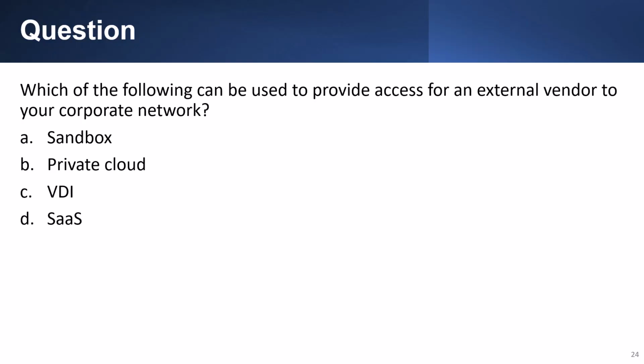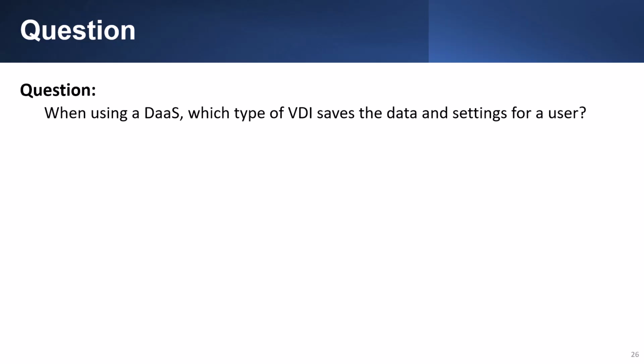Question: Which of the following can be used to provide access for an external vendor to the corporate network? Answer: VDI. Question: When using a DaaS, which type of VDI saves the data and settings for the user?